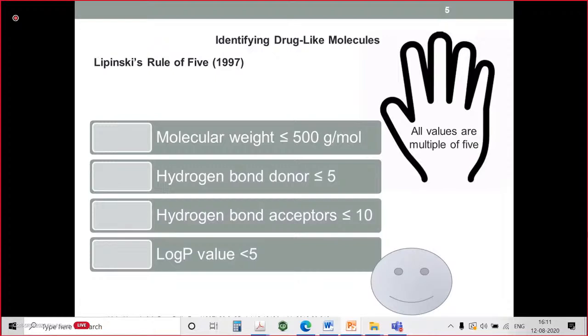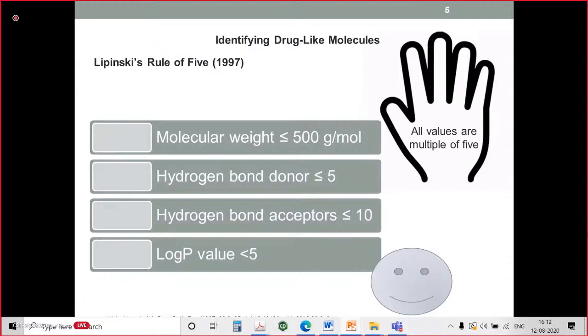It is about pre-filtering of molecules: molecular weight must not be more than 500 Dalton, hydrogen bond donors must be less than 5, hydrogen bond acceptors must be less than 10, and the partition coefficient or log P value must be less than 5.